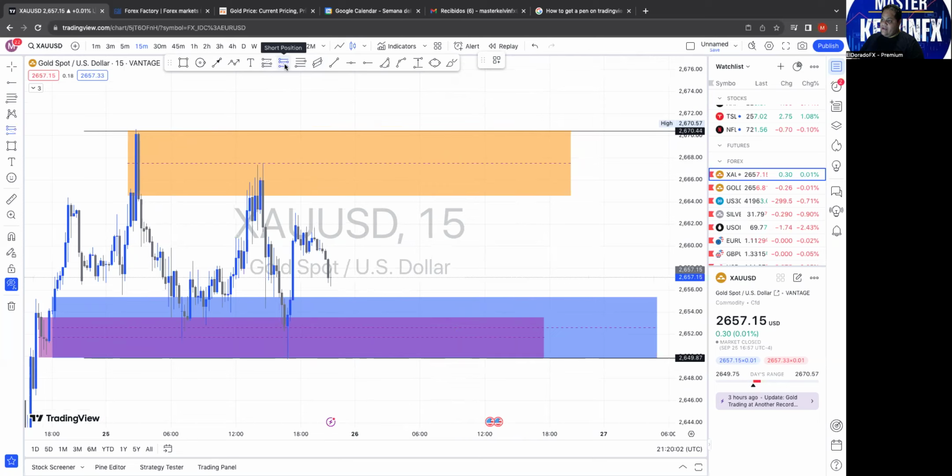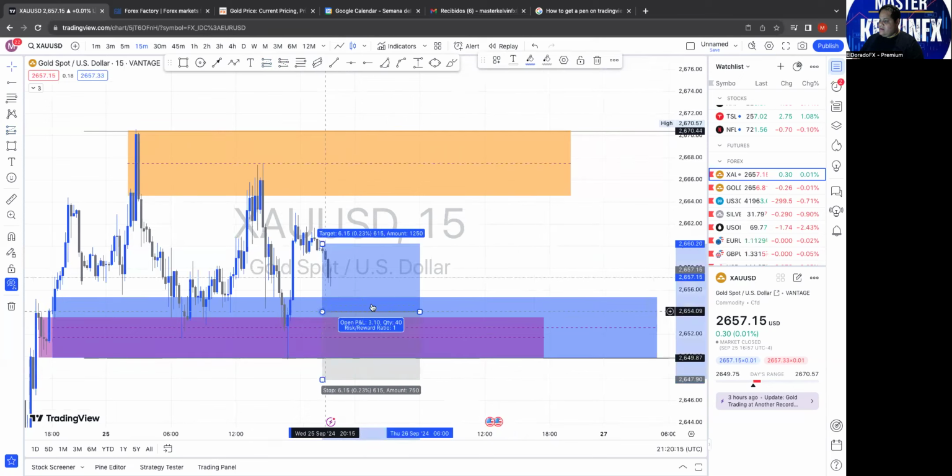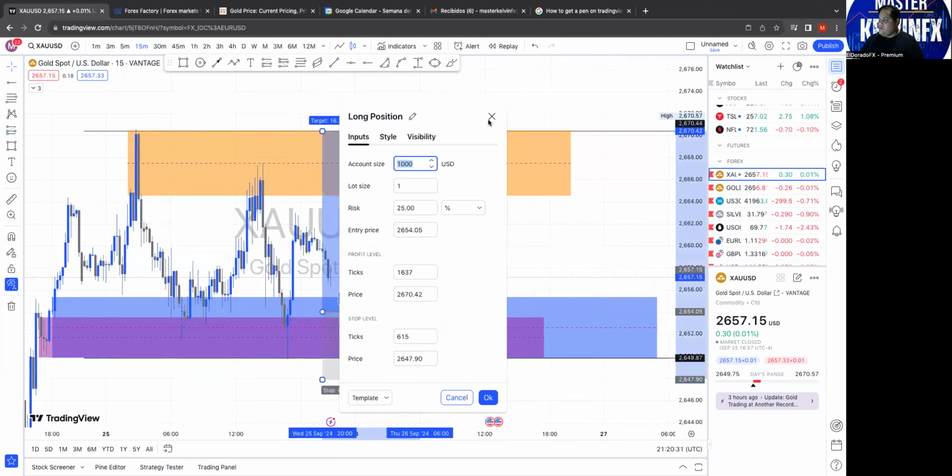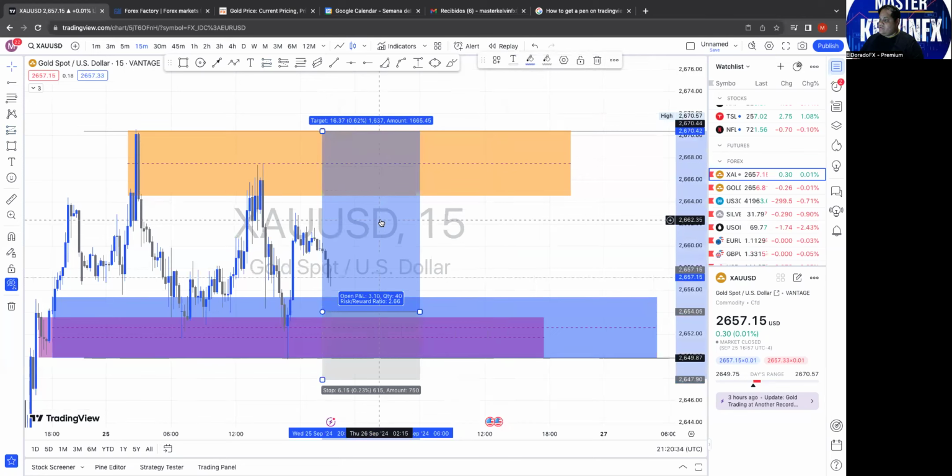If you want to enter, we're gonna choose this tool, the long position, and we're gonna try to enter right here, okay? We're gonna see if we get a retest in this area. This will be the setup, targeting the high. This will be our main target. If we go into the tool, we will see the risk to reward ratio, which is 2.66.